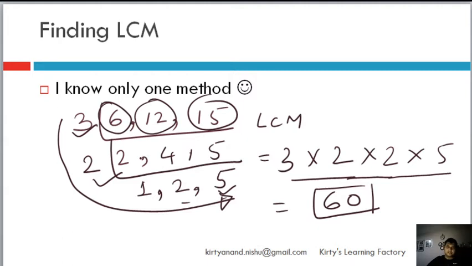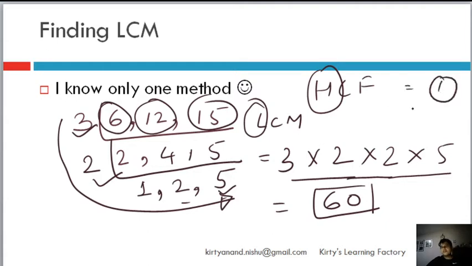So that's the concept. Why do we find the highest common factor, and why do we not find the least common factor? Because the least common factor is 1 for all the numbers, so there is no need to find it. Therefore we only find the highest common factor, because there is no number greater than that.